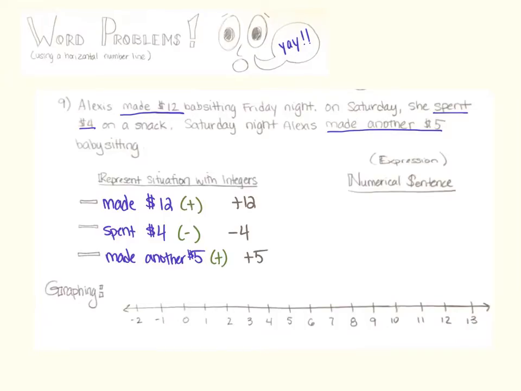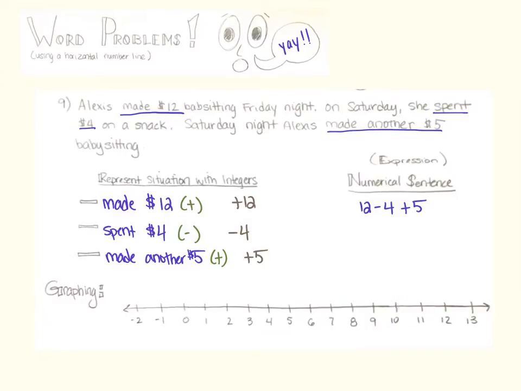Now, just take these three numbers, put them in sequence in order that they happened. So we're going to write it as 12 minus 4 plus 5. So just because I didn't put that positive or plus sign in front of that 12, it still means that it is a positive.